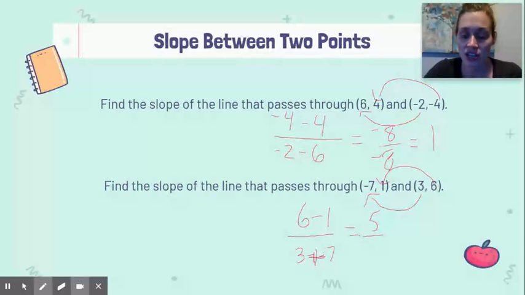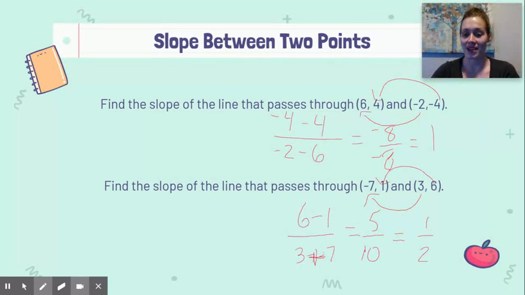So we can change that into a plus sign and think of that as 3 plus 7, which is 10. And so my slope is 5/10. If we can simplify, we always want to simplify. So I'm going to simplify 5/10. They're both divisible by 5. 5 goes into 5 once, and 5 goes into 10 twice. So my answer to that one is 1/2.